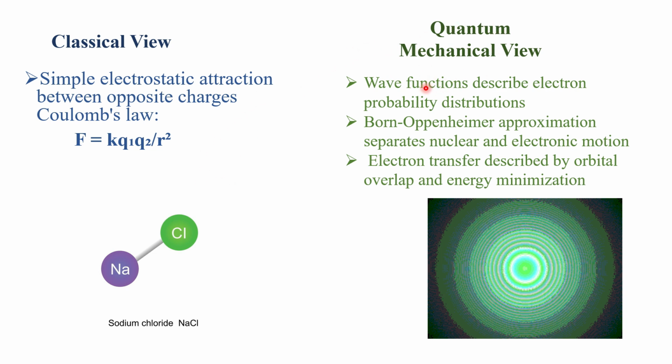Quantum mechanically, electron energies, orbital overlap, and total energy minimization explain this electron transfer. The Born-Oppenheimer approximation simplifies calculations by separating fast electronic motion from slow nuclear motion, and this is a cornerstone for solid state theory.